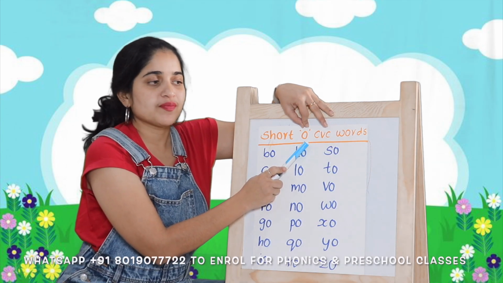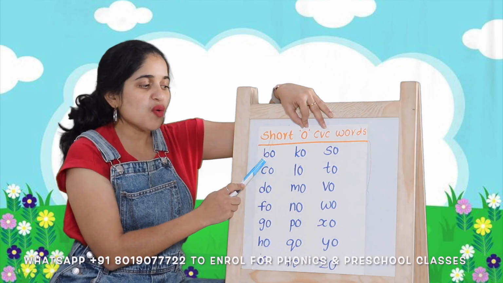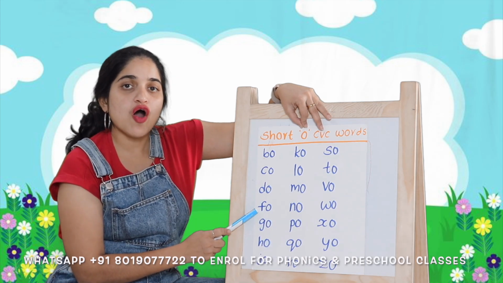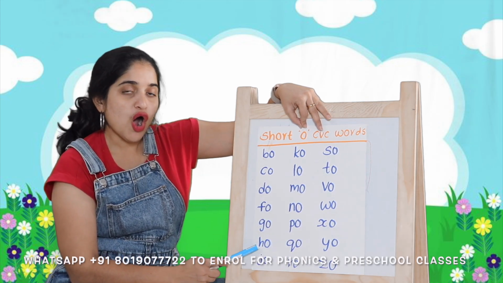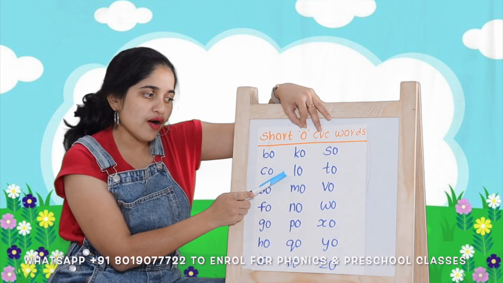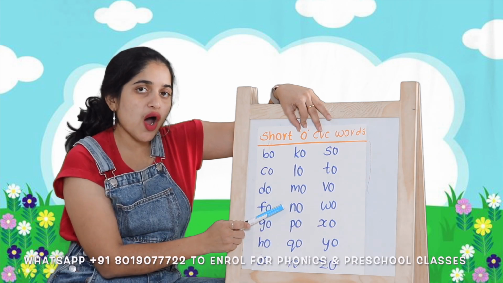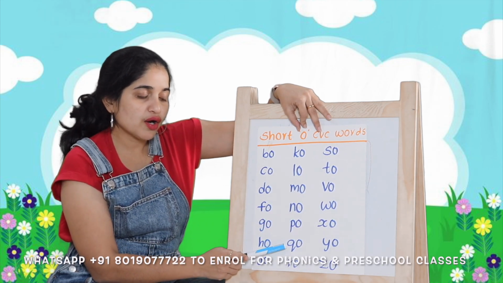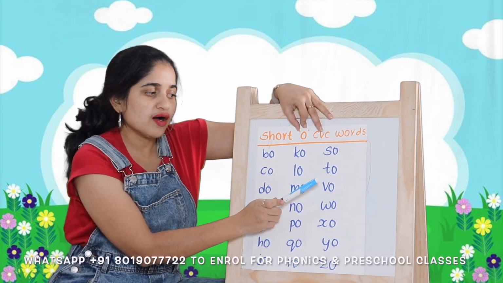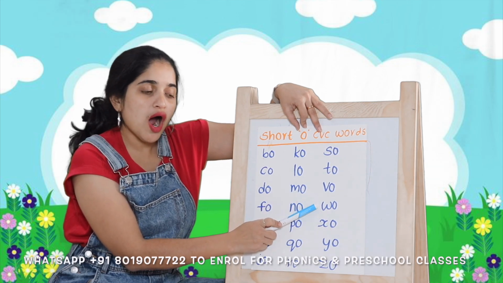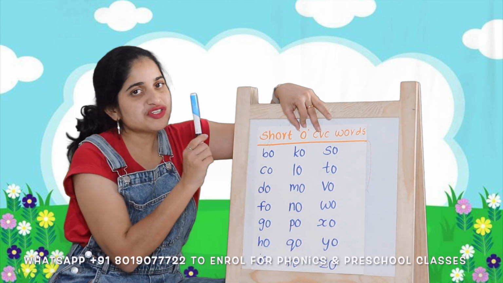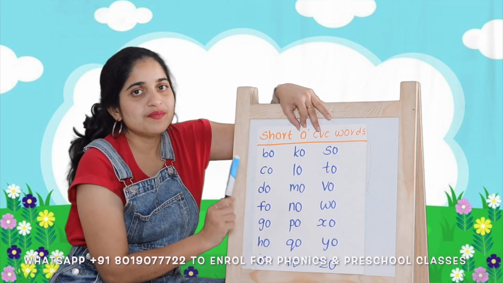It's A. As in ba, ka, da, fa, ga, ha, ja, ka, la, ma, na, pa, qua, ra, sa, ta, va, wa, xa, ya, za. Let's check the three-letter words with these blends now.